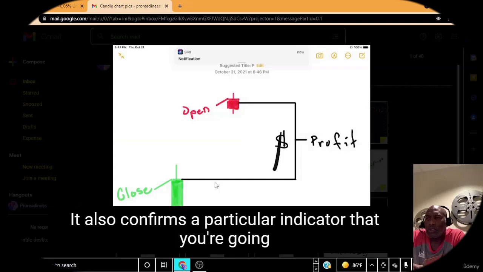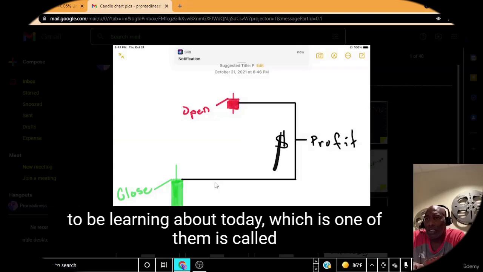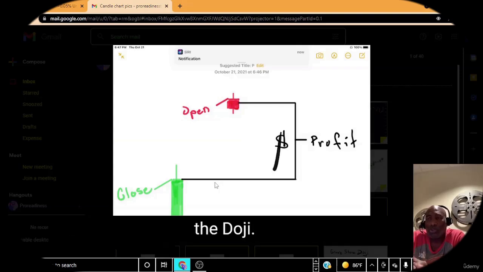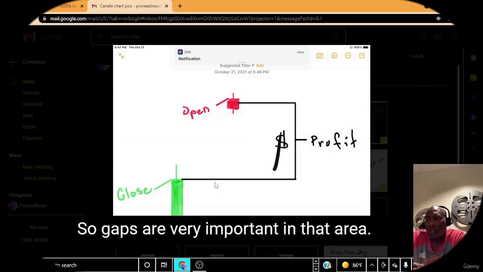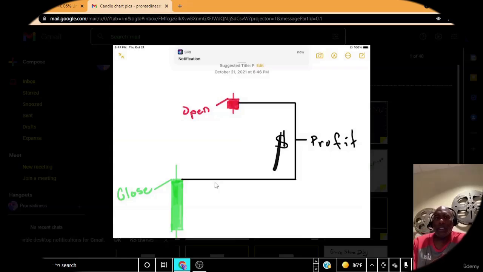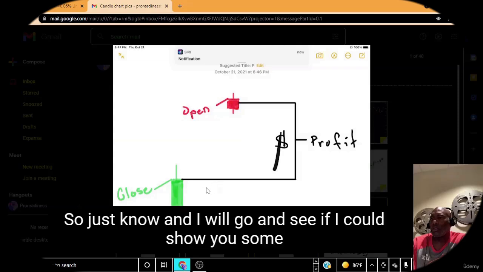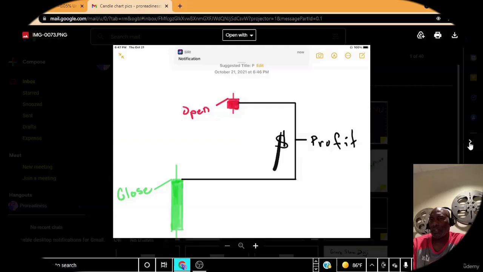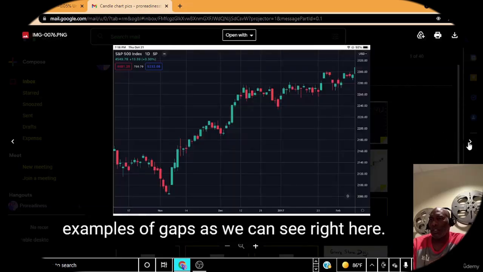It also confirms a particular indicator that you're going to be learning about today, which is called the doji. So gaps are very important in that area. I'll see if I can show you some examples of gaps.